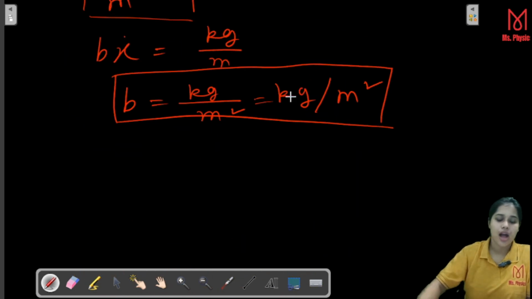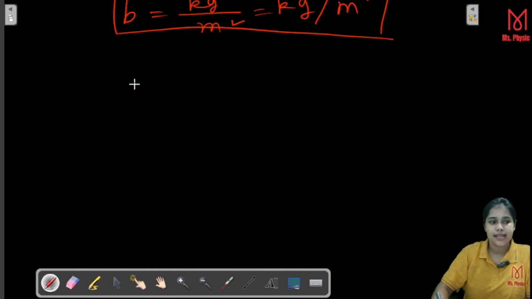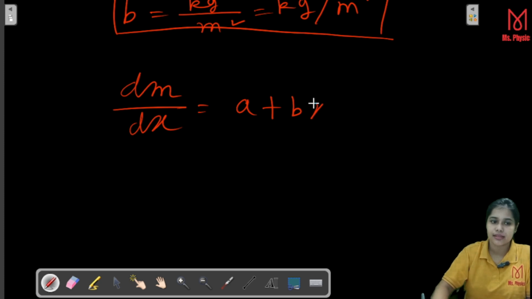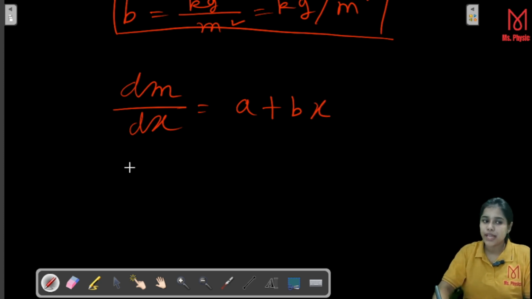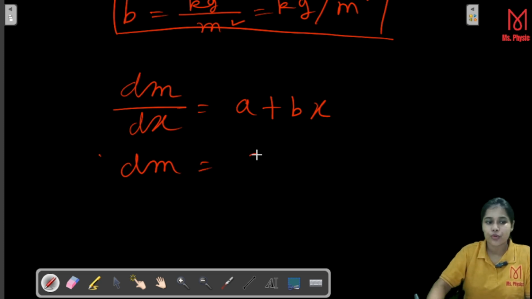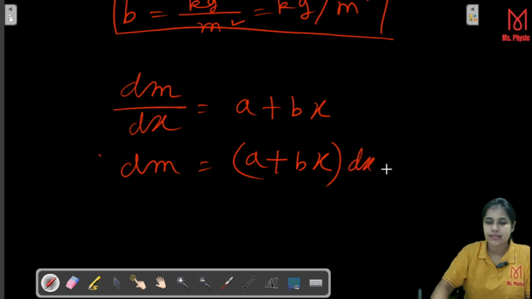See, dm by dx is equal to a plus bx. Now we will do the integration. Here dm is equal to a plus bx multiplied with dx.